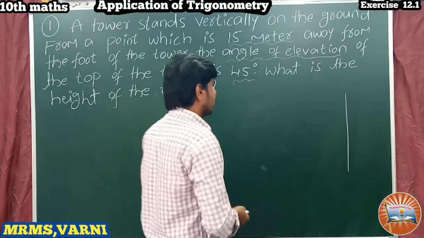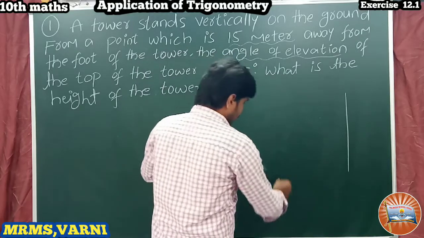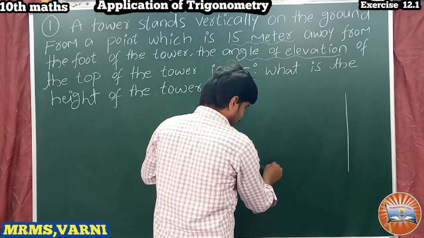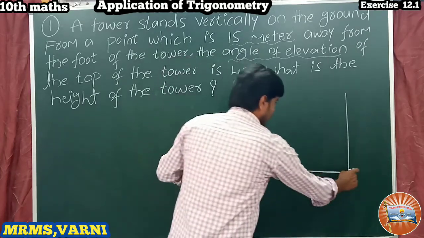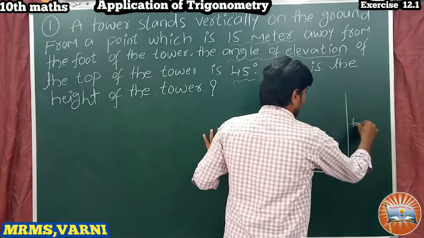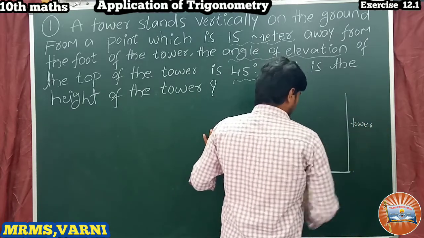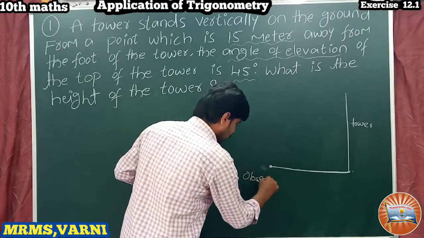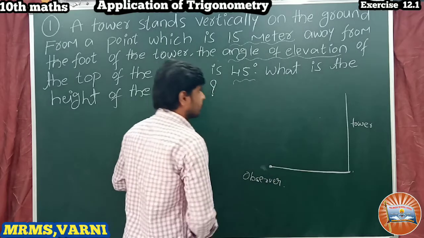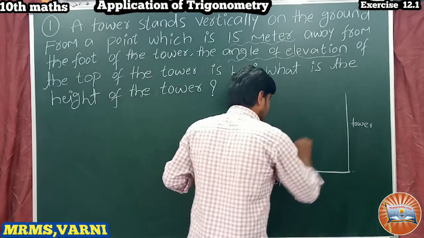The observer is here. From this point I am taking a line. This is the tower and here is the observer.